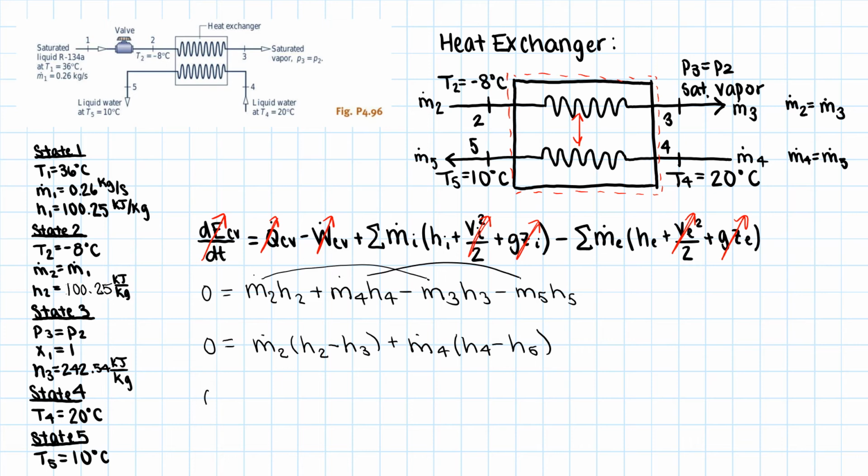And then our final expression for m dot 4 is going to equal m dot 2 times H3 minus H2 over H4 minus H5. And this is going to be the expression that we'll use to solve for the mass flow rate. We already know H2 and H3 from the previous steps of the problem, so now all we need to do is find H4 and H5, and then we'll be set.